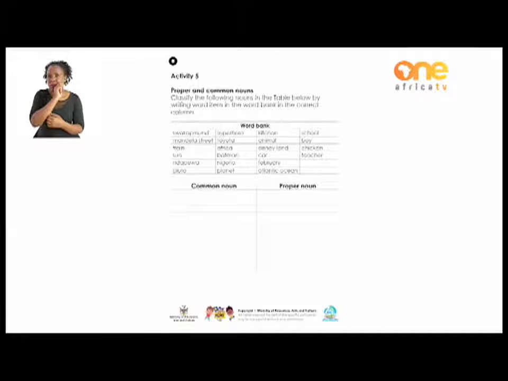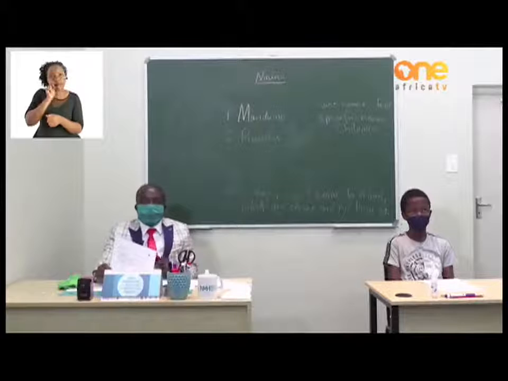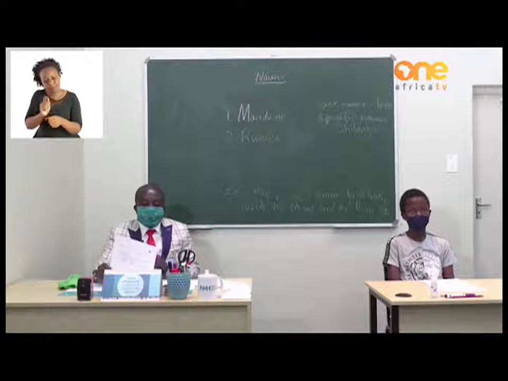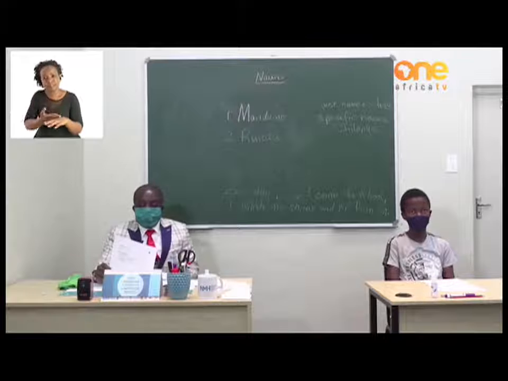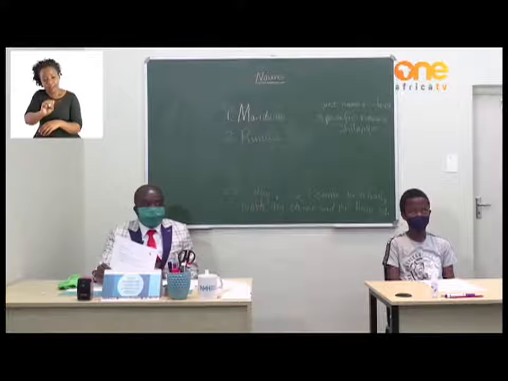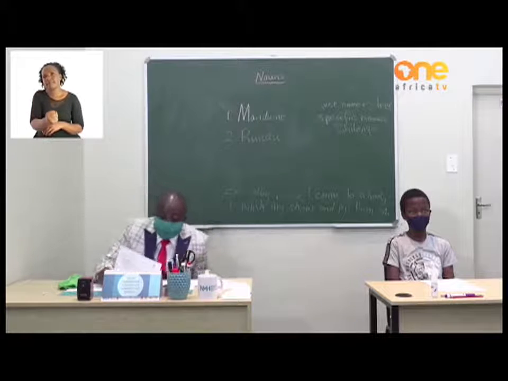Now the question is saying, you classify those words as common nouns or proper nouns. Remember, we said proper nouns, always, they begin with a capital letter. Like Swakopmund, which is a town. We write it beginning with a capital letter.